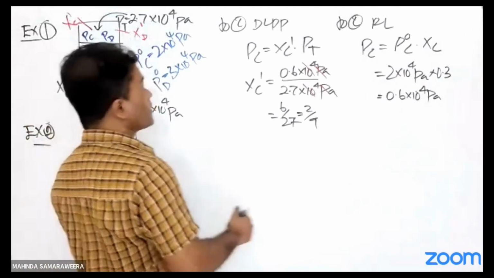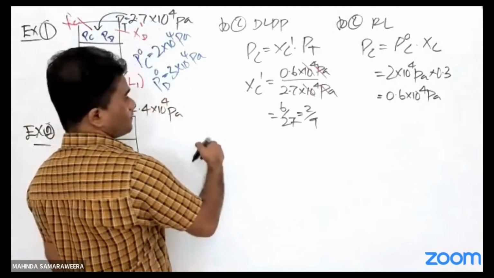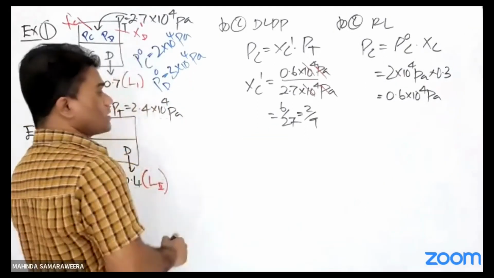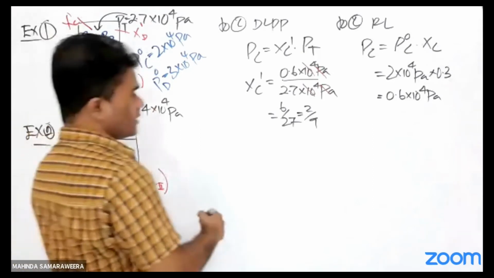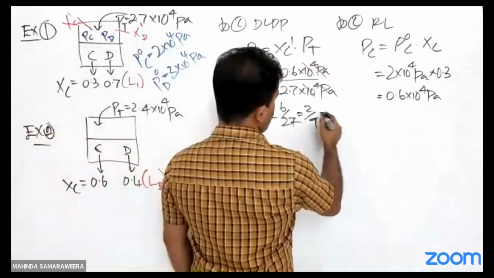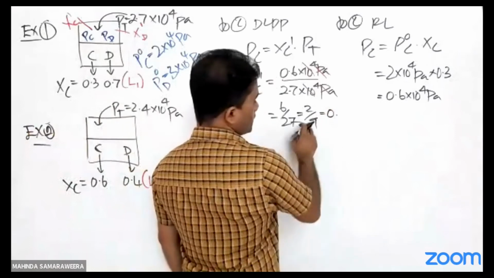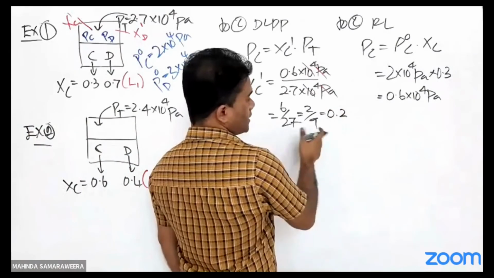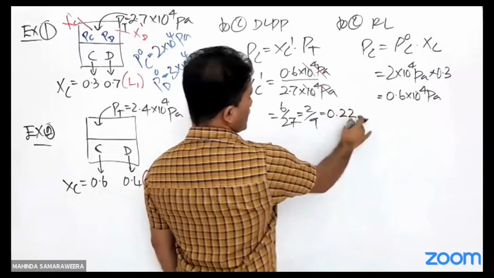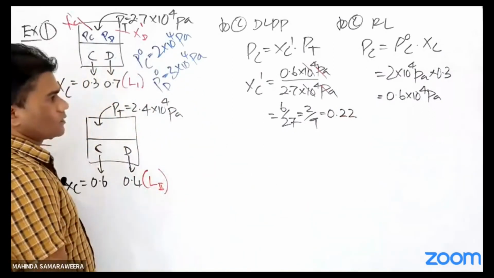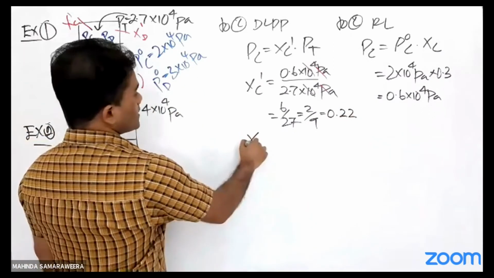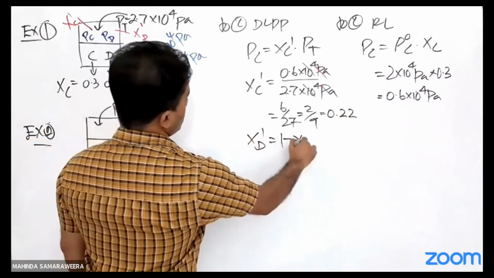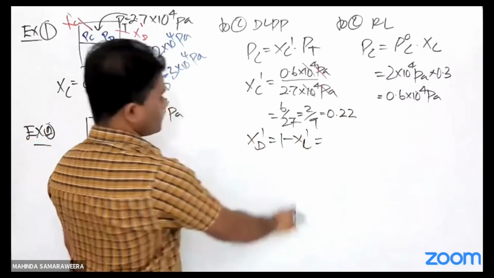You can do the same thing for D. Then XC dash in the first system is 2 over 9. We need the value anyway, 2 over 9, it's 0.222. That's how we get it, 0.22. Then XD dash can be calculated like 1 minus XC dash.